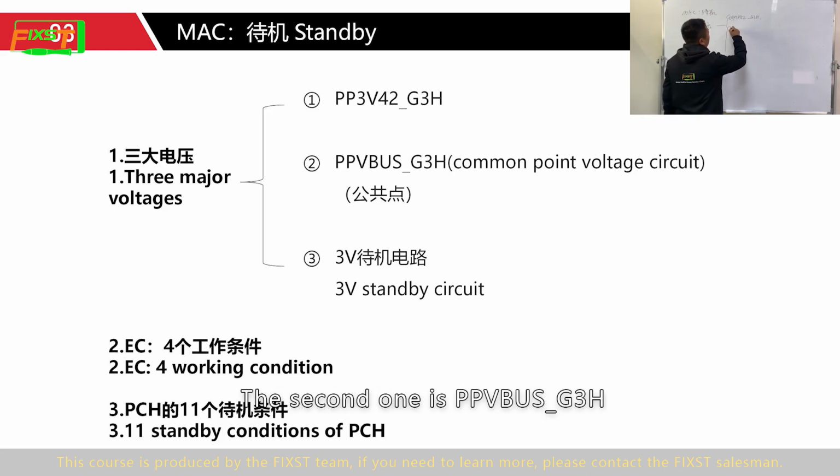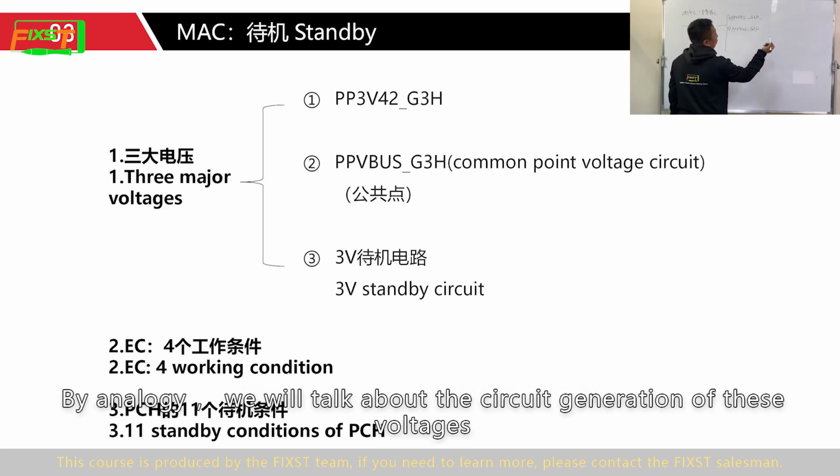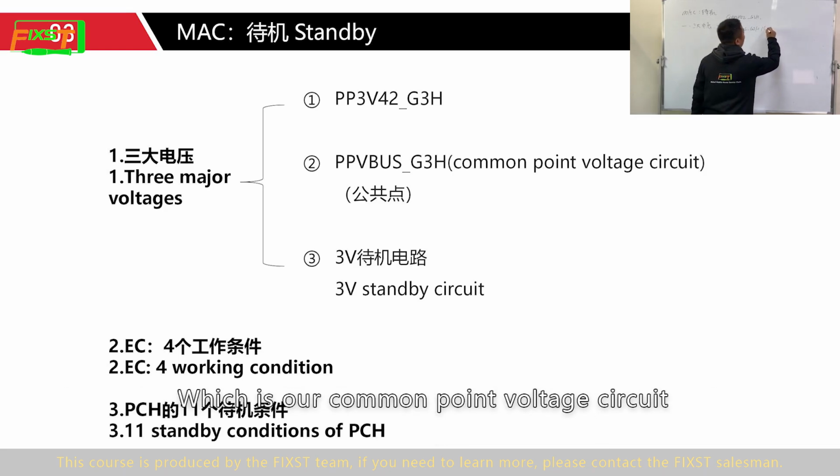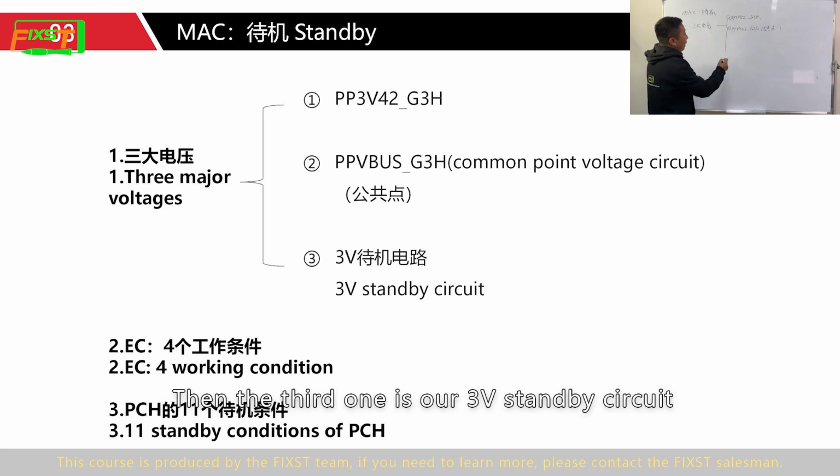The second one is PPVBUS_G3H. By analogy, we'll talk about the circuit generation of this voltage, which is our common voltage circuit. Then the third one is our 3-volt standby circuit.